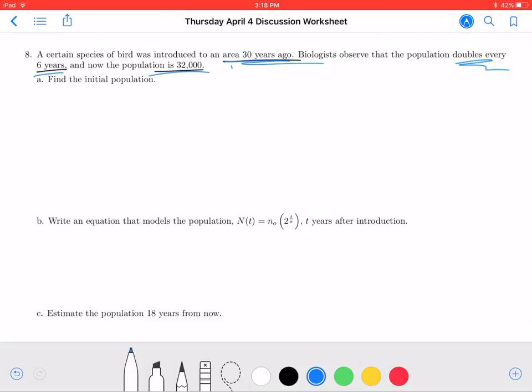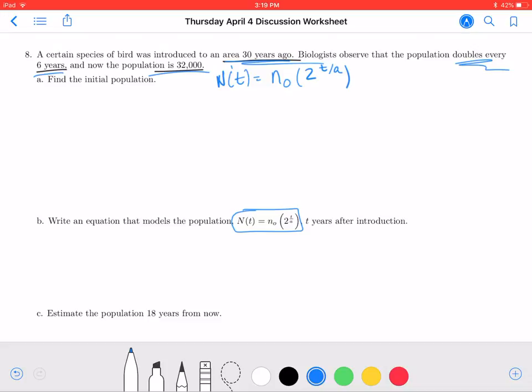If I am looking at a population that's doubling, I'm going to use my double time formula, and it is conveniently given to me in the problem below, part B. So let's use it. So our population, N of t, is equal to N sub 0, my initial amount, times 2 to the power of t divided by a.